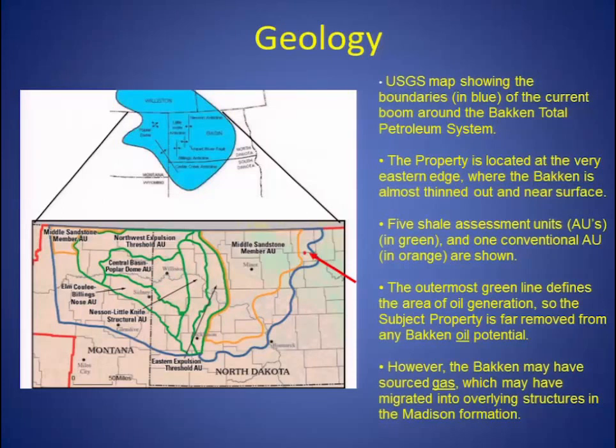The key point is really that Mr. Carlson's property is away from the Bakken shale potential itself, where Bakken is both the source rock and the reservoir rock, and Mr. Carlson is all the way out here towards the rim of the basin and questionably on the edge also of that middle sandstone member AU. But we do note that the Bakken could have maybe sourced gas out in that area, and that could have gone into the overlying Madison Formation.